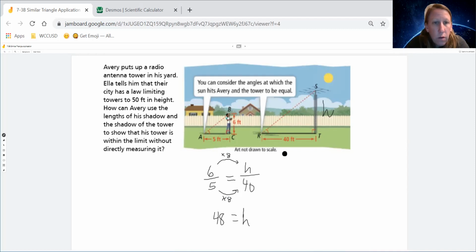All right, so is Avery going to get a ticket from the city? A citation, saying your tower's too high, you've got to pay us and you've got to take it down.